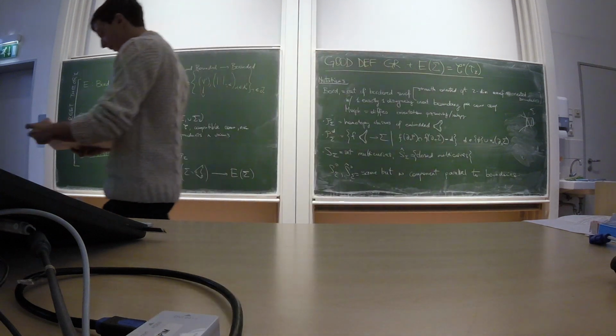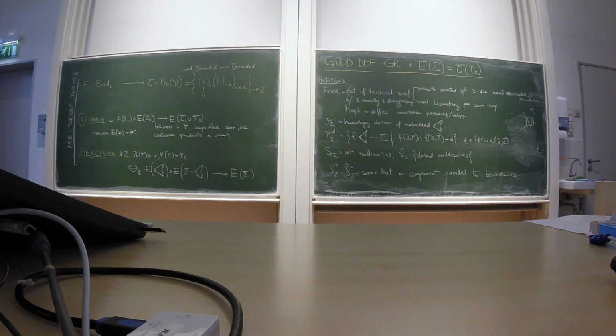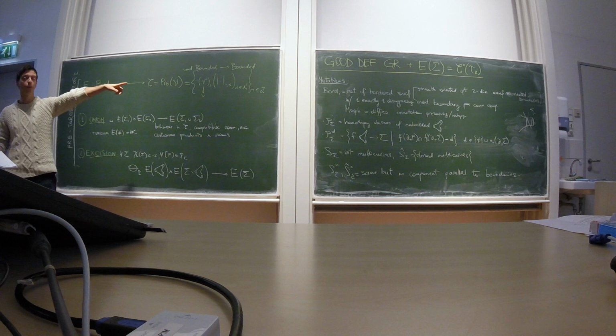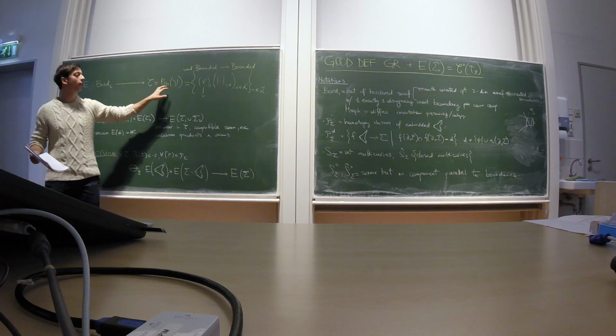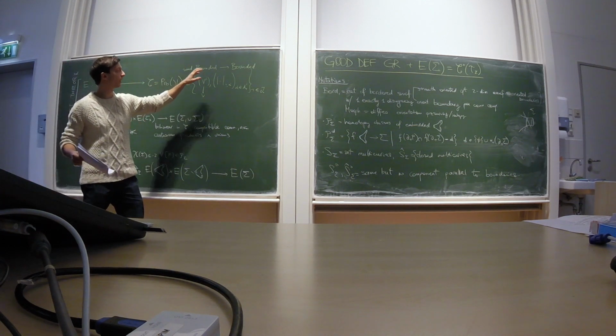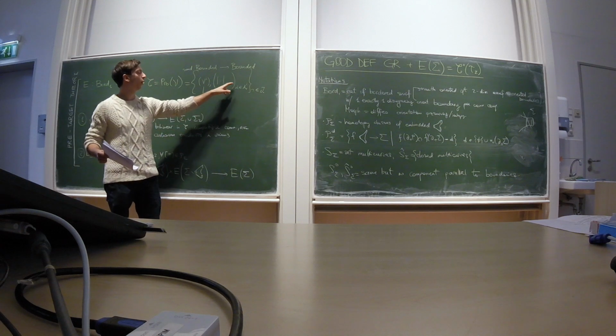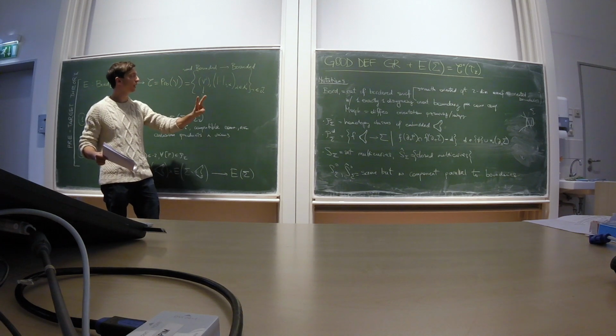And then last time we also saw what the axioms are that are needed for the definition of the geometric recursion formula. The first thing we needed is this functor E, which goes from Bord_1, our category, to Pro-V, the category of objects in which you have two sets of indices.